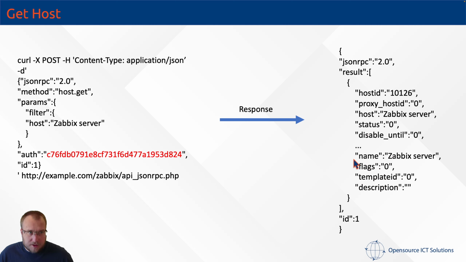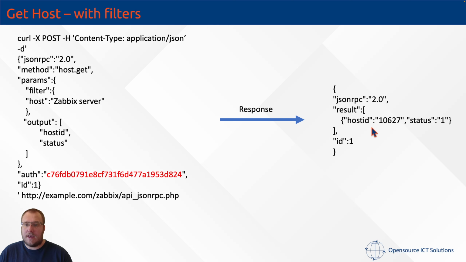And sometimes that's not really what you want. Because the only thing that you care about is, I don't know, the host ID or the status or whatever you prefer. Well, in that case, we are going to add the output part. So we are just reusing that same query again. But right now we added output, which is an array of host ID, status.